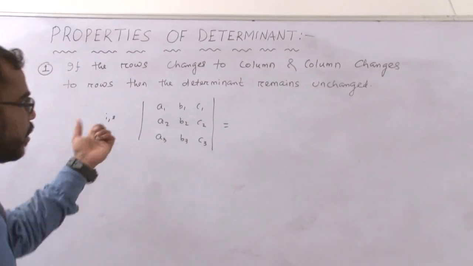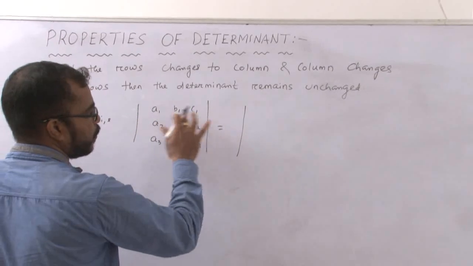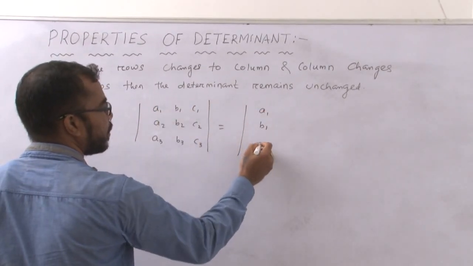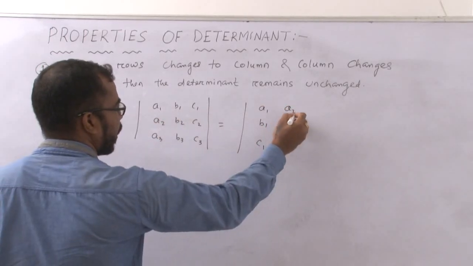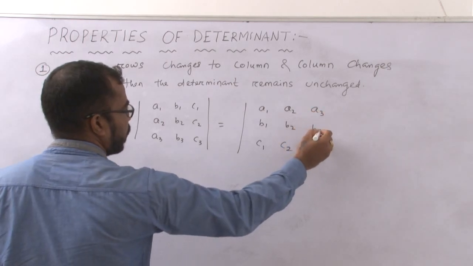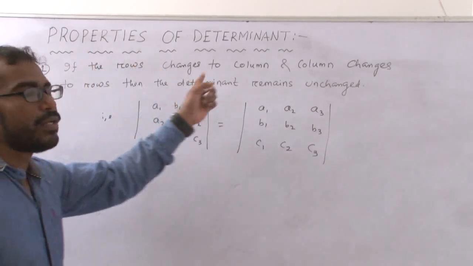If we change rows into columns, that means the first row changes to the first column, A1, B1, C1, and the second row changes to the second column, A2, B2, C2, and A3, B3, C3, the value remains unchanged.